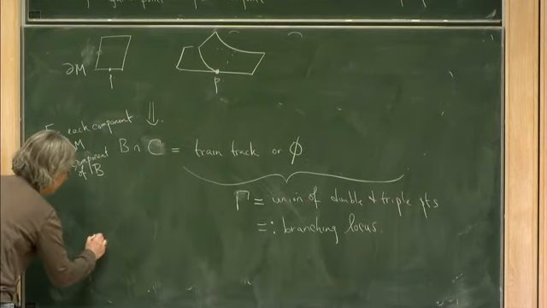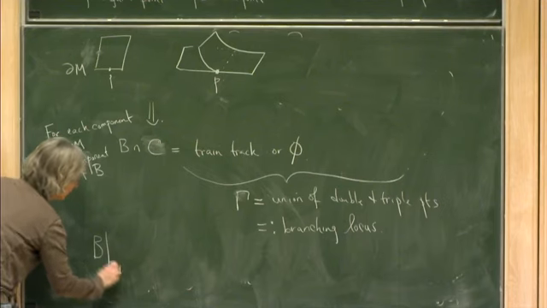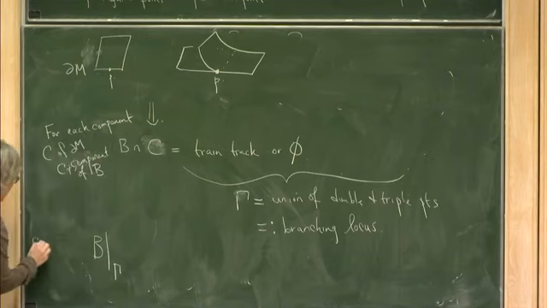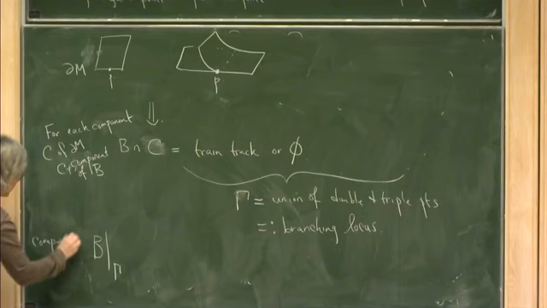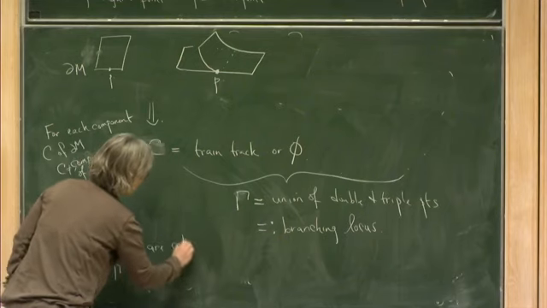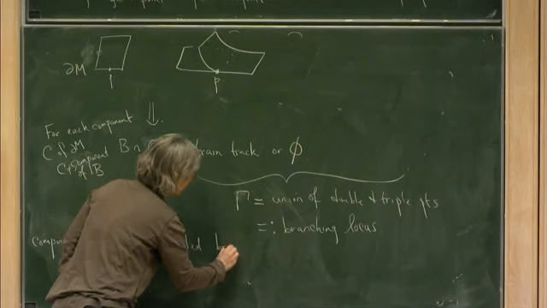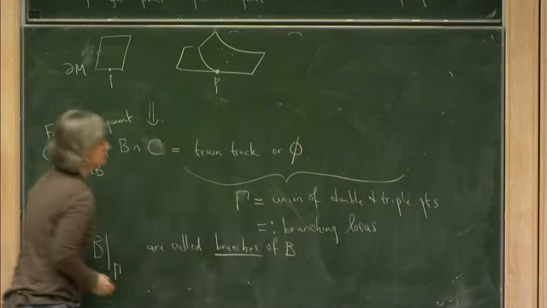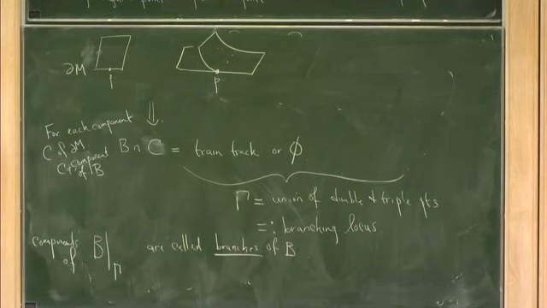And B cut open along these points. So if I just restrict attention to the regular points, the components are called branches of B. So I've got the branching locus, which is where interesting things are happening, and then I've got the complement of the branching locus.